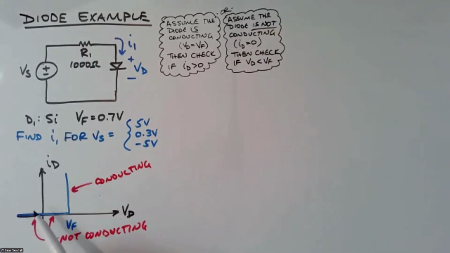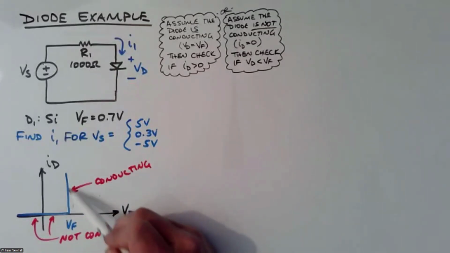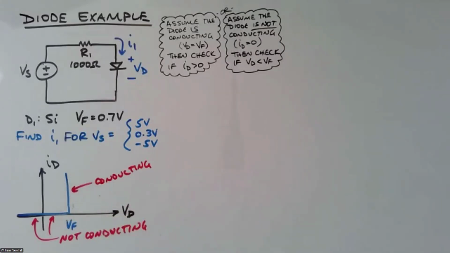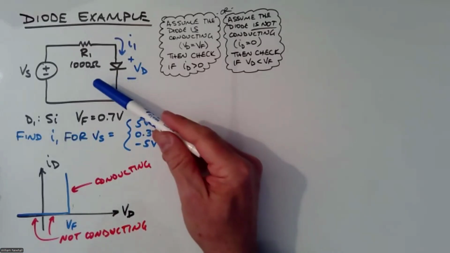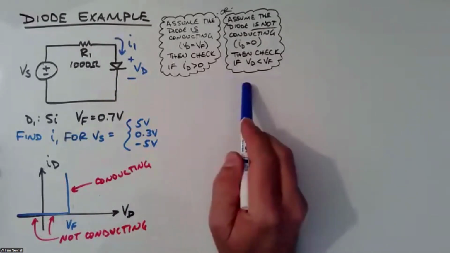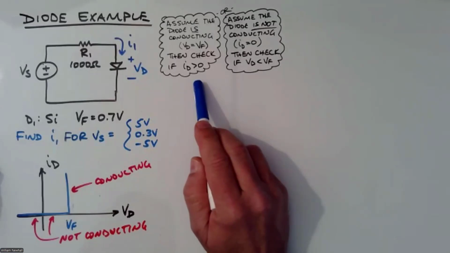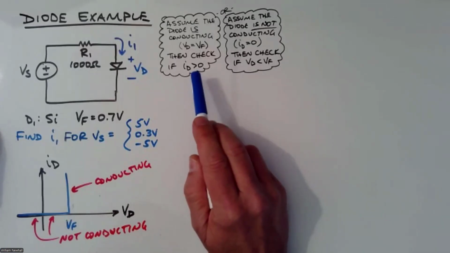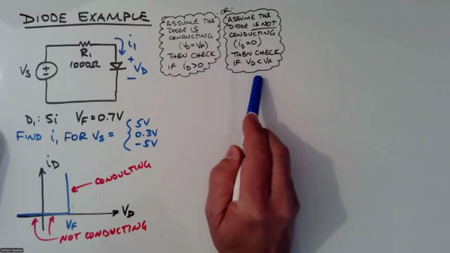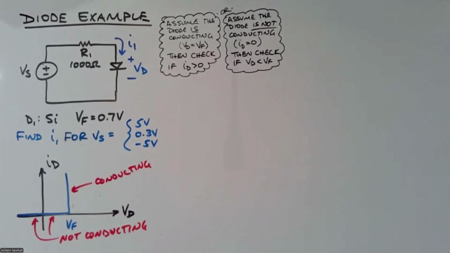So if we assume the diode is not conducting, then the diode voltage has to be less than VF, because if VD equals VF, we're going to assume the diode is conducting. And so what you can do is make an assumption based on what you know about diodes and what you can see about the circuit. You can maybe make a smart assumption, check it, and if that's right, then move on with your analysis. Or if the assumption is wrong, switch over to the other assumption and check that.